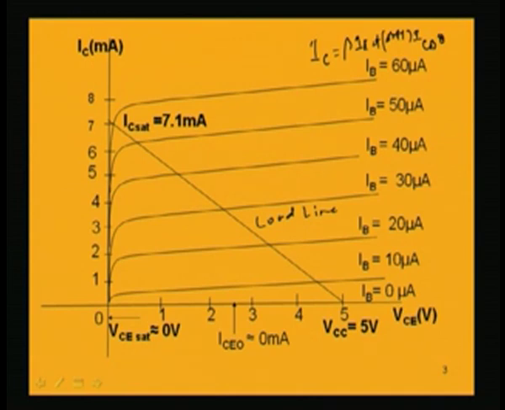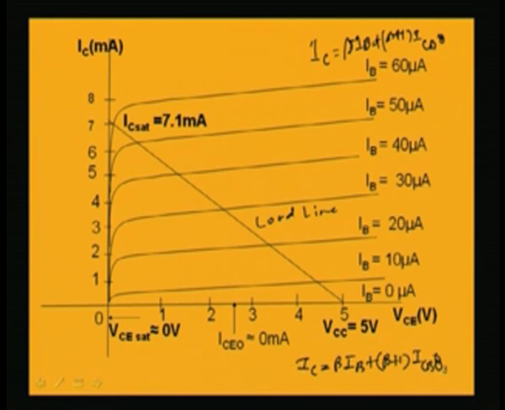If we make IB equal to 0, we have IC equal to beta plus 1 into ICBO. ICBO means the reverse saturation current.